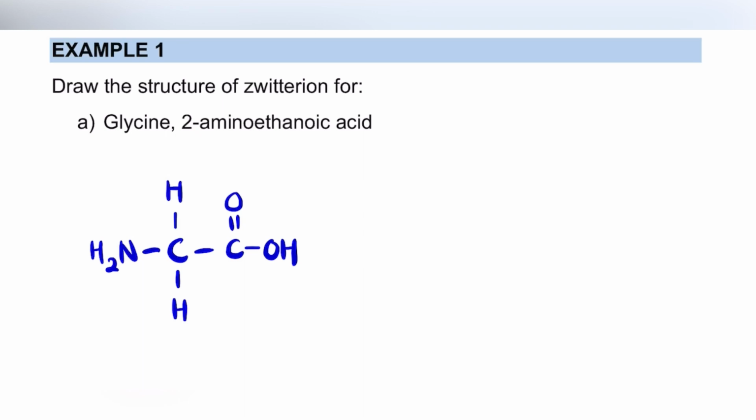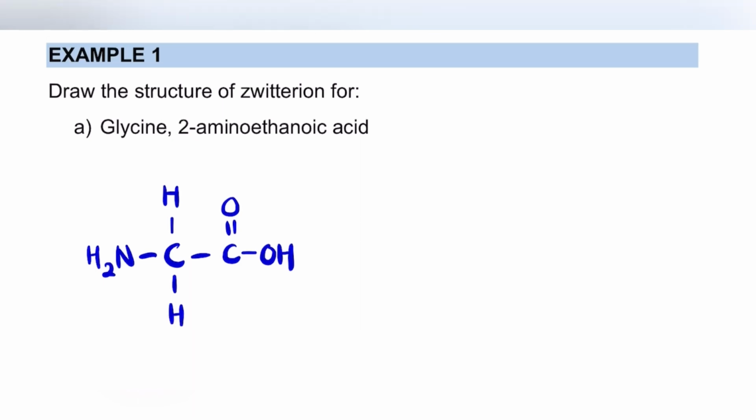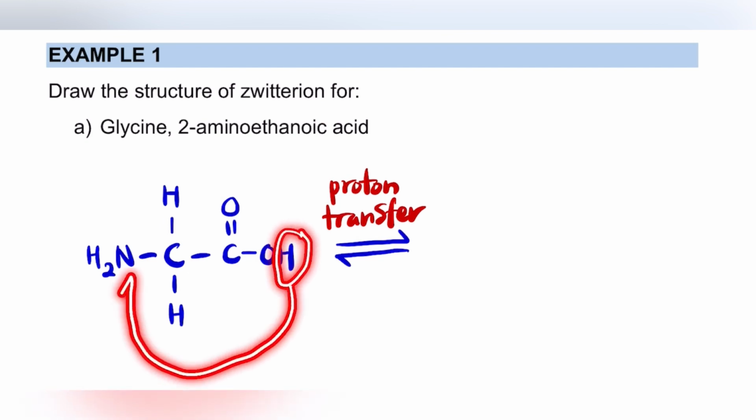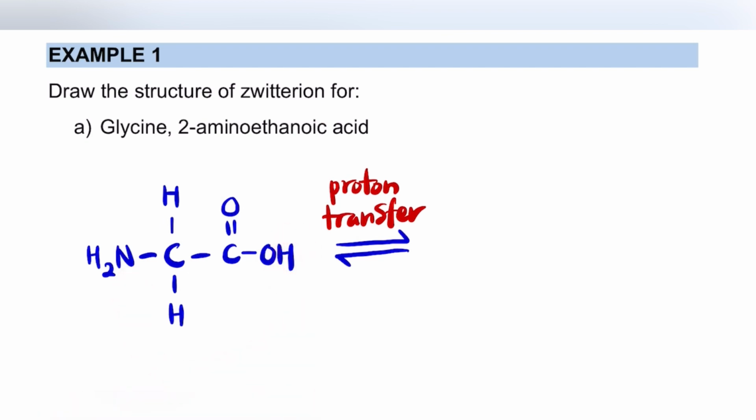Now we undergo this reaction using proton transfer. I will use a reversible arrow because it can reverse. I write proton transfer on top of the arrow, and then I move the H here to the amino group. So I'm going to show you another structure.